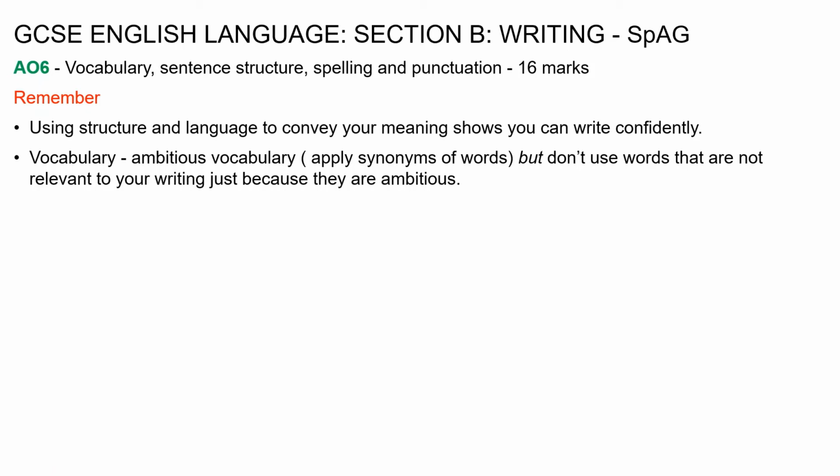You will see now that there are quite a lot of things to practice in writing. The only thing I will say is ensure the word you're using is relevant. Don't just pick up a big word and say, oh yes, I need ambitious vocabulary, I've learned this one, I'll use it. Make sure that you actually understand the meaning of the word and that it does actually fit in to what you're writing.